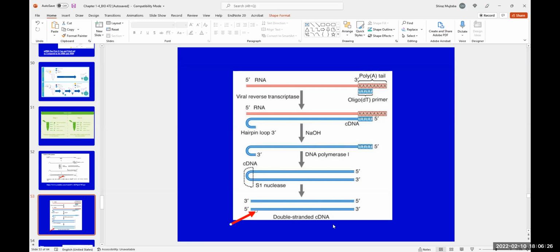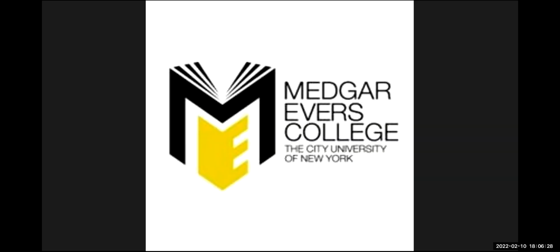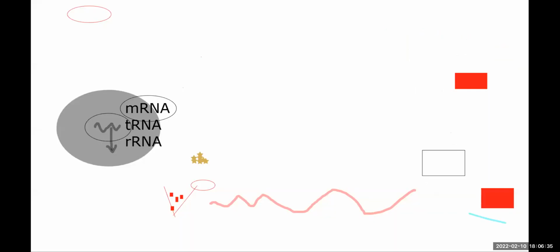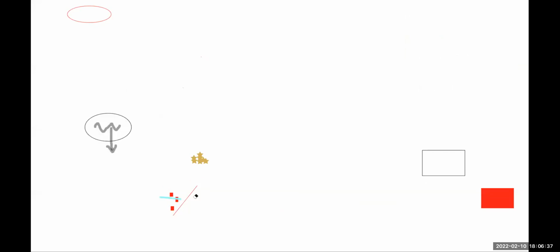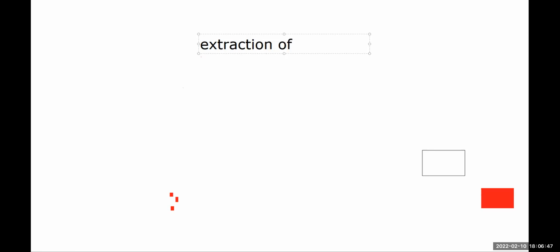So to summarize this, let me make it simple. For the process of reverse transcription, number one, extraction of RNA, right? Then how do you get to mRNA?